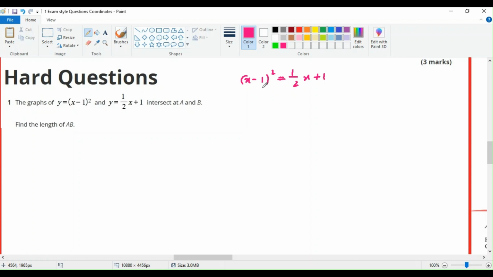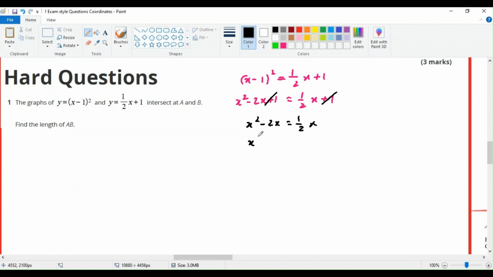So we are substituting this. Now when we expand this bracket, it's going to give us x square minus 2x plus 1, and this is 1 over 2x plus 1. Plus 1 can be cancelled from both sides, something like this. We can cancel this, and we know very well x square minus 2x equals 1 over 2x.